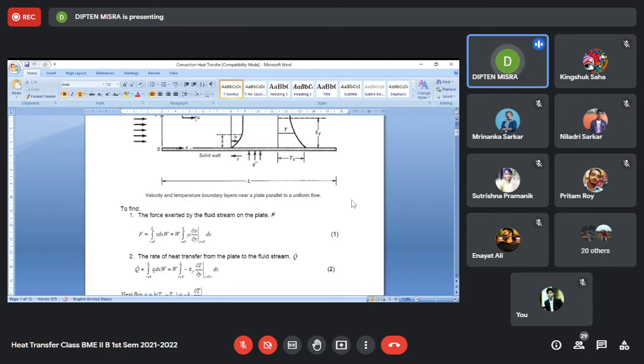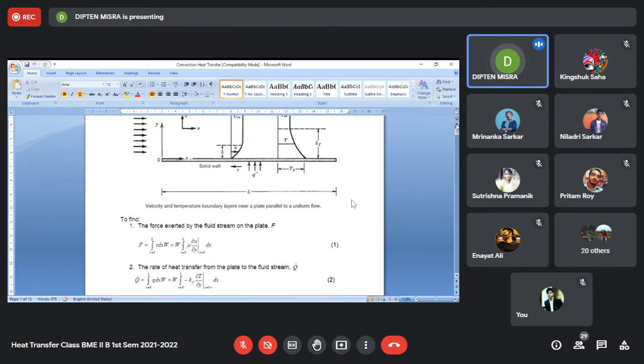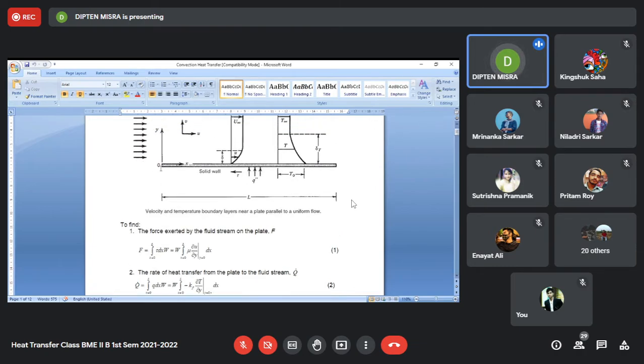The width of this plate, or the depth of this plate, is along the z direction, where x is the streamwise direction, y represents the direction across the stream or transverse direction, and z is the direction along the width of this plate. The plate has a width that we have not shown.